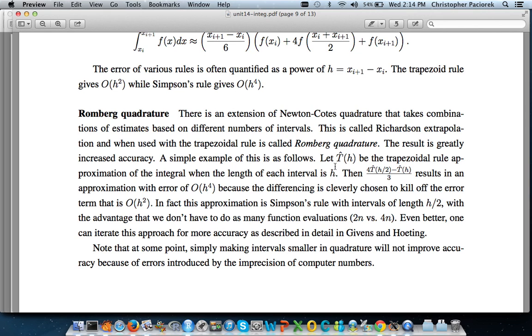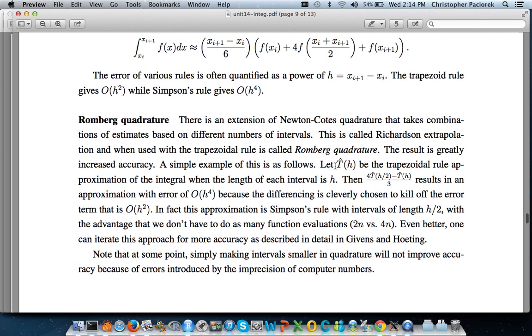Suppose I define a little bit of notation. Suppose that for a given interval length h, remember I have some region over which I want to estimate an integral, and I split it up into little subpieces of length h, and there are going to be n of these. So I could define the trapezoidal rule with intervals of length h.